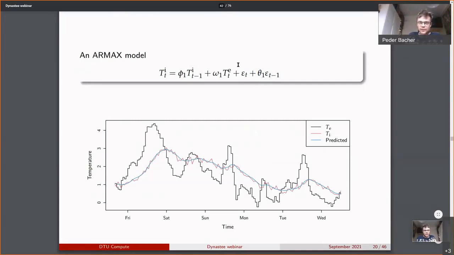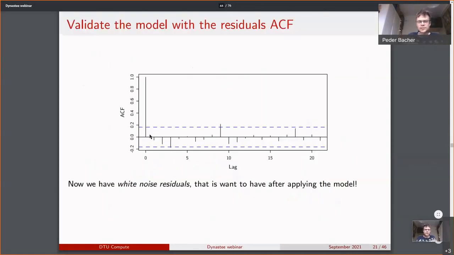And if we fit this model and do predictions, then we get this very nice blue line where we've actually filtered out this noise we added. And now if we examine the residuals, we can see that these are white noise, this time series of the residuals from this model.